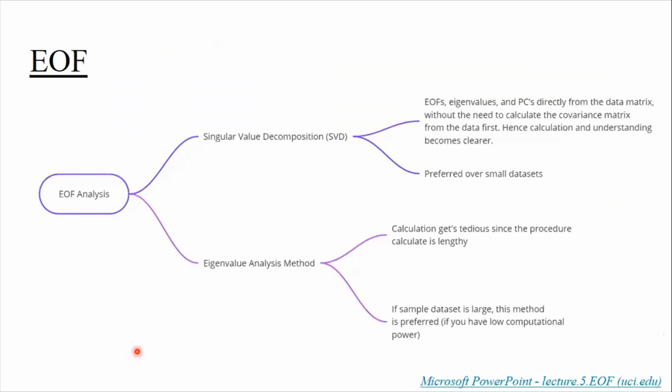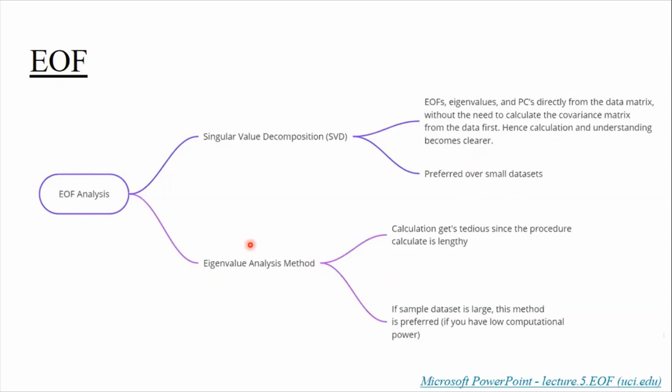After completing various ways to plot EOFs, we revisit EOF analysis and see how it can be performed. The method we discussed was singular value decomposition. In singular value decomposition, EOFs, eigenvalues and PCs are directly obtained from the data matrix without the need to calculate the covariance matrix from the data first. Hence, calculation and understanding becomes clearer, but it is preferred for smaller datasets.